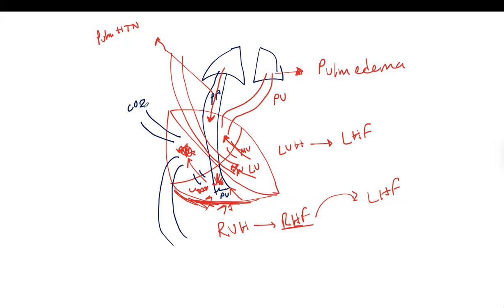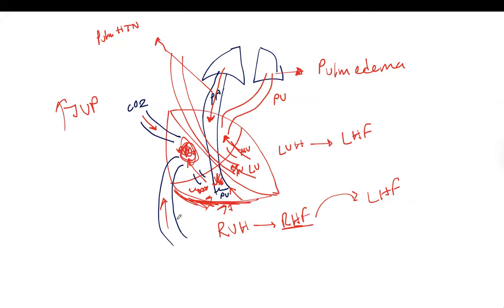The problem is that now from the superior vena cava and inferior vena cava, blood cannot come into the heart because it's already overloaded. So it starts to accumulate fluid in these vena cavas. When the superior vena cava becomes overloaded, you get raised JVP, which is one of the commonest features of right heart failure.